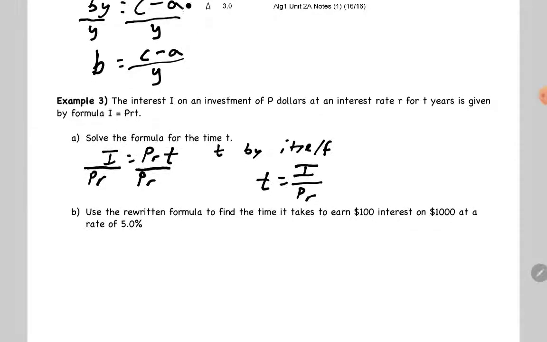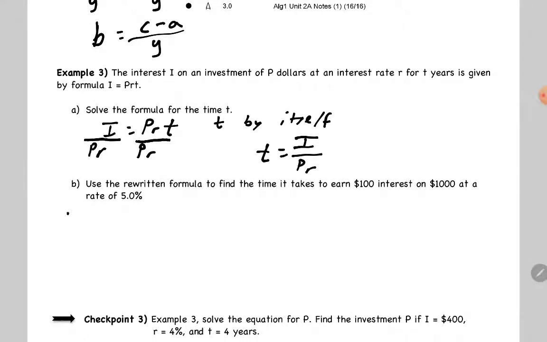Okay, so use this formula that we made, t equals I over pr, to find the time it takes to earn $100. So this is my interest, I, on a $1,000 investment. So an investment of P dollars at a rate of 5%.